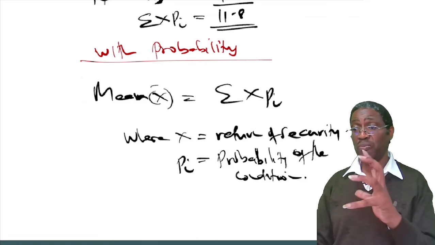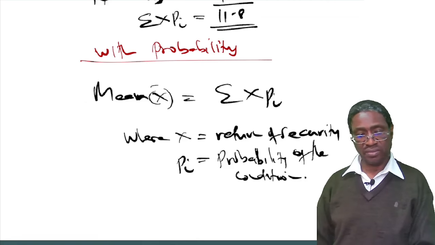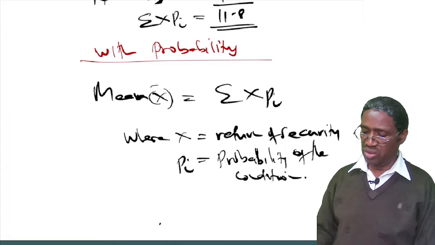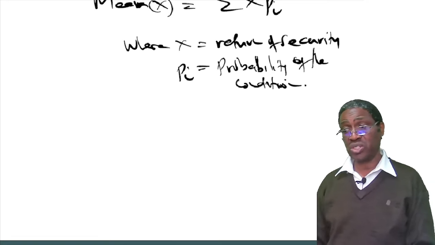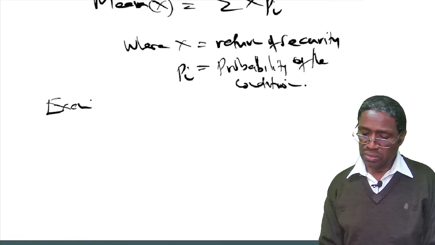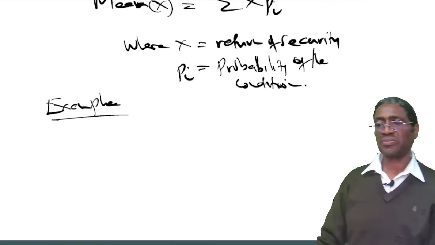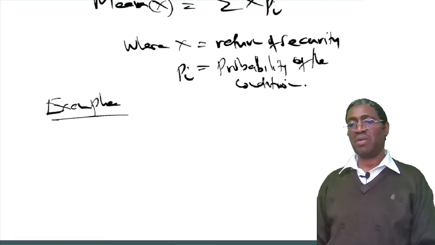On how to compute the mean where you are given probabilities. Of course, we have already done an illustration. I just want to put it down as a simple example for the purpose of your notes. So write: Example.